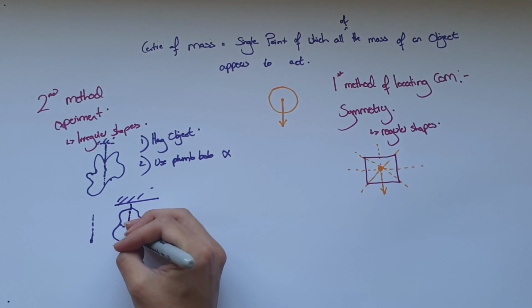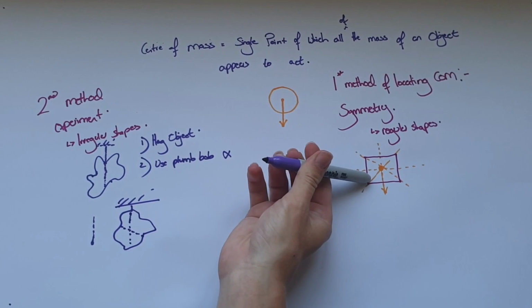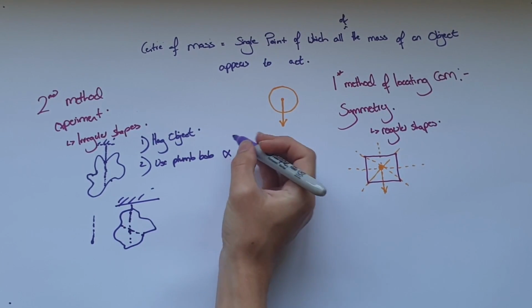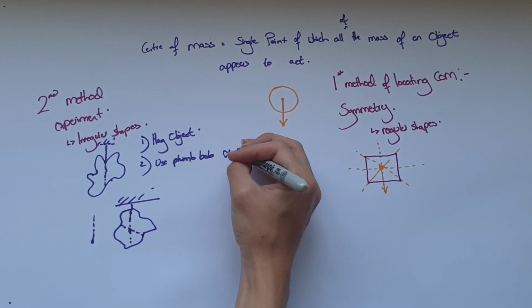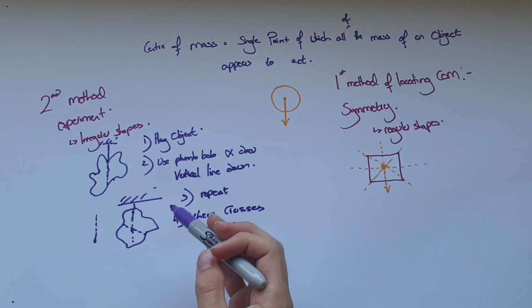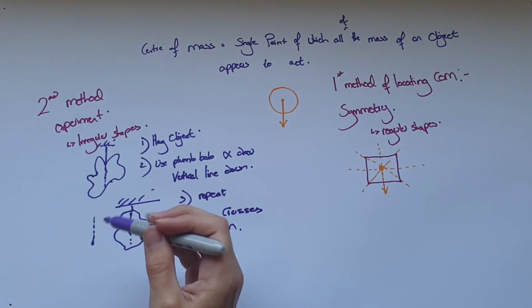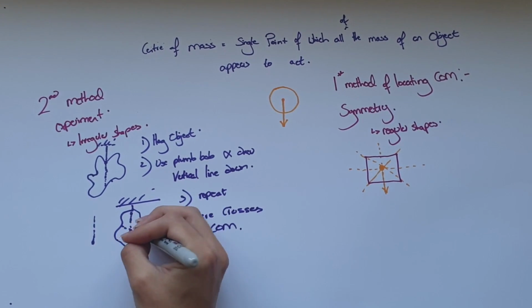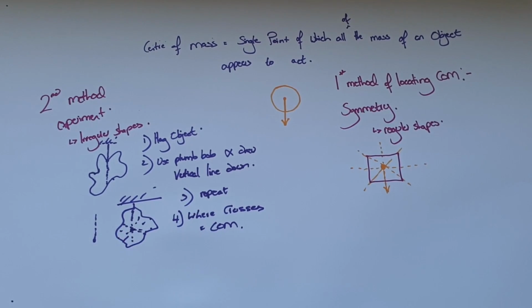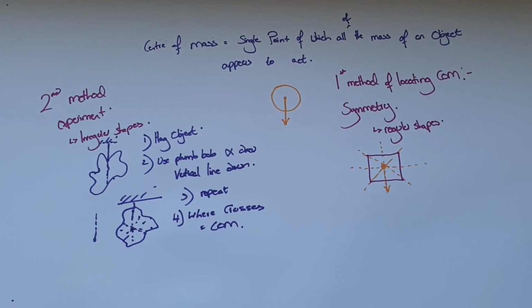Basically, it's where the lines cross, like the lines of symmetry for a regular shape. To make this more reliable and get a more accurate value of where the centre of mass is acting, you could repeat it as many times as you want to get more lines and more accurately find the centre of mass of that object.